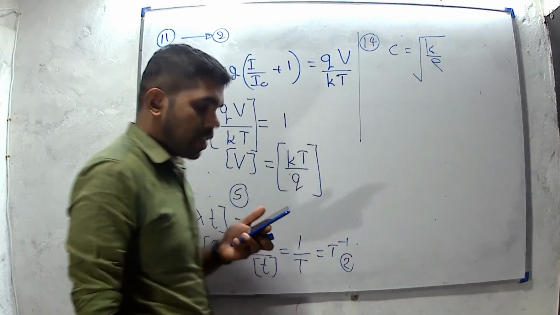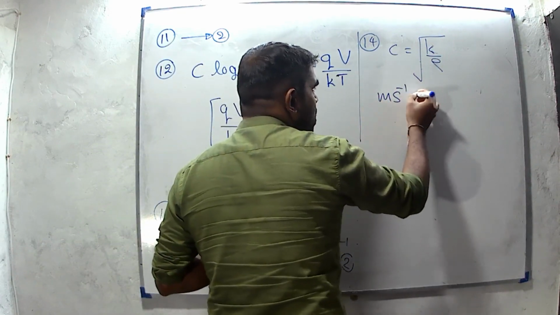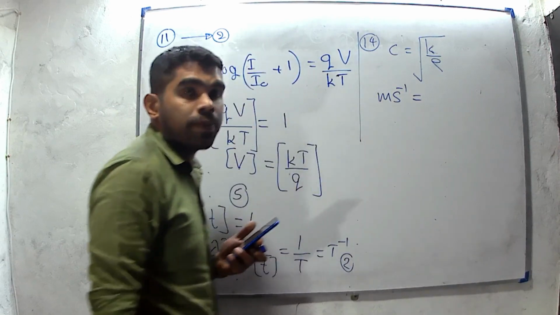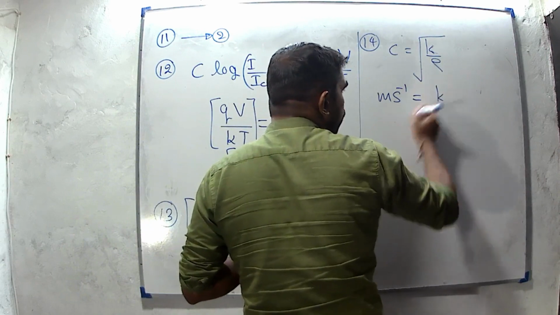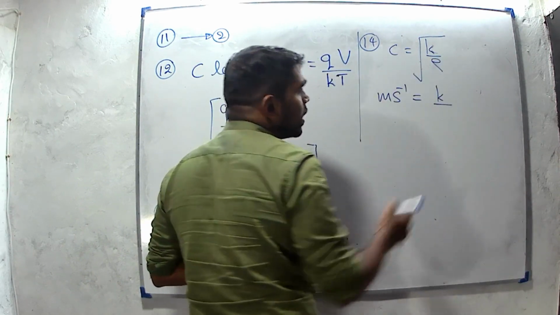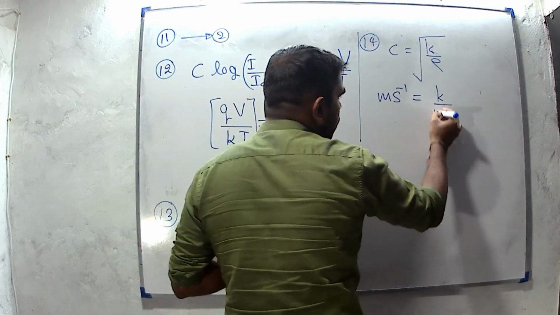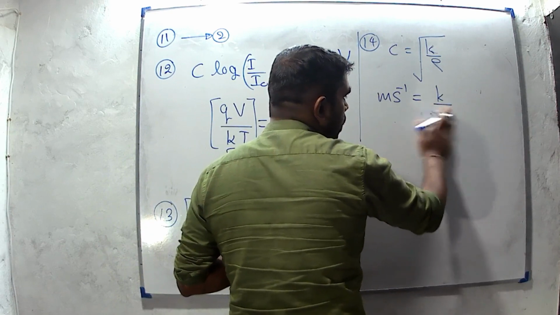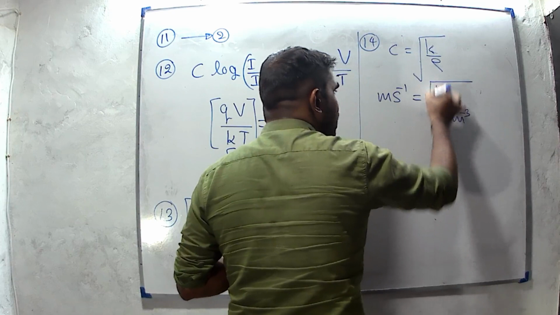C is the speed, therefore we can substitute the unit of C as m s to the power minus 1. This is the unit of velocity or speed. We have to find the unit of K. I will use the K term without any change, and rho is density. We know that kg m to the power minus 3 is the unit for density.